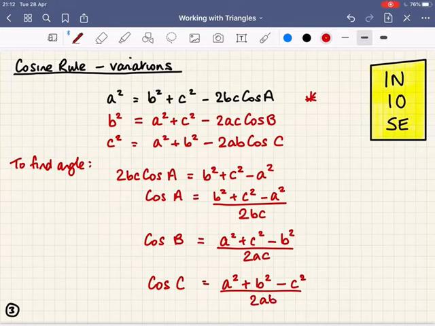So depending on the triangle and the labeling of the sides, you can modify the formula so that it fits the situation that you've been given. Just check out the logic in each of those so you are able to pick the right one.